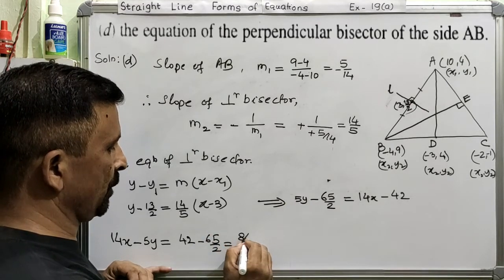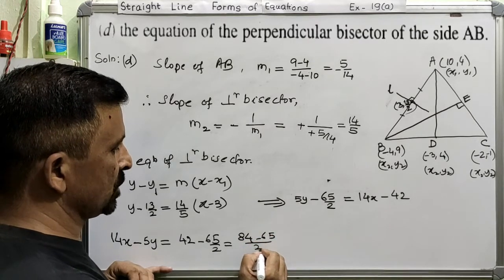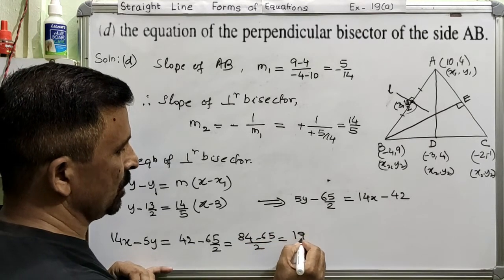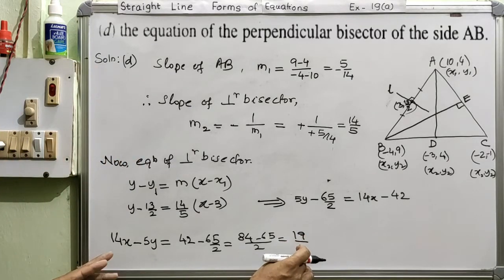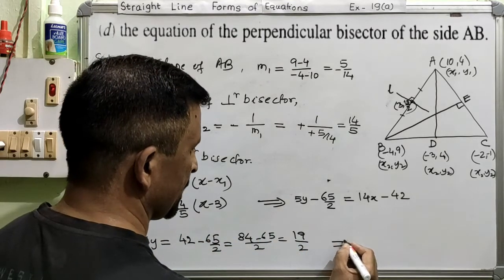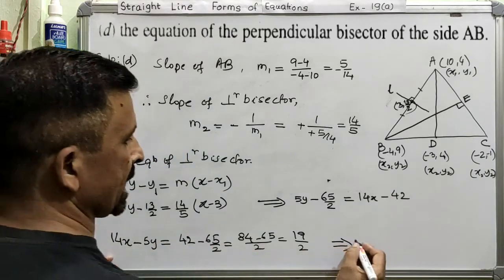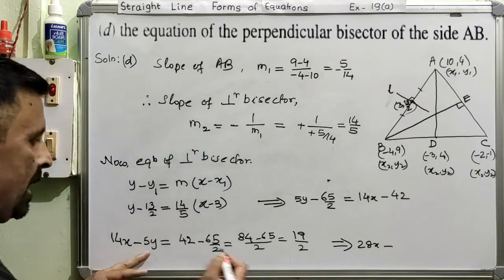This is 84 minus 65 divided by 2, equal to 19 over 2. Is this okay? Now we can simplify one more step. Let us cross multiply. 2 will go to the right hand side. So your final equation will be, this implies 14x into 2 is 28x minus 5 2s are 10.